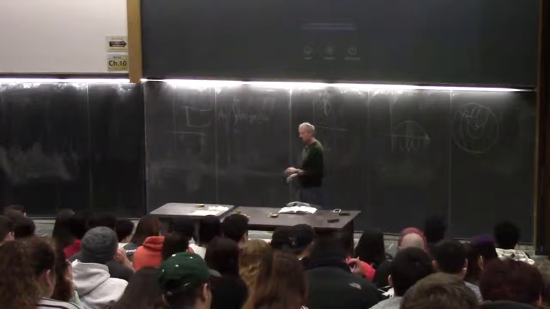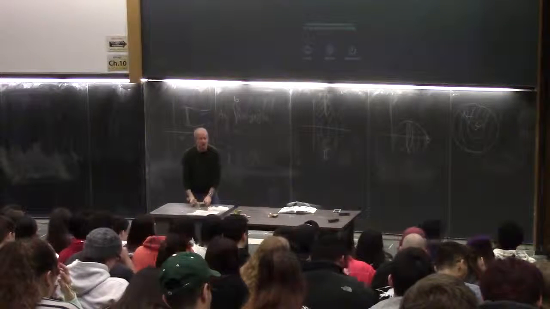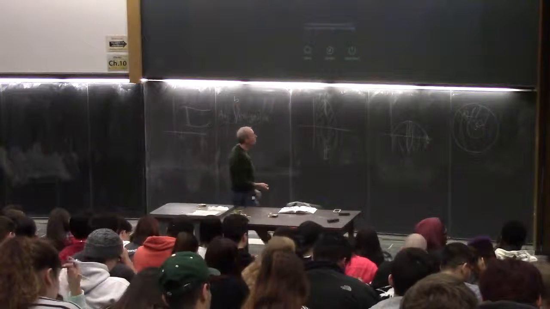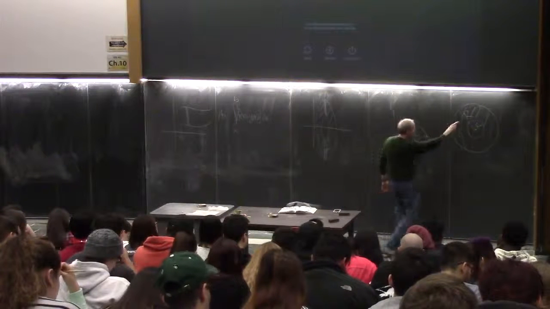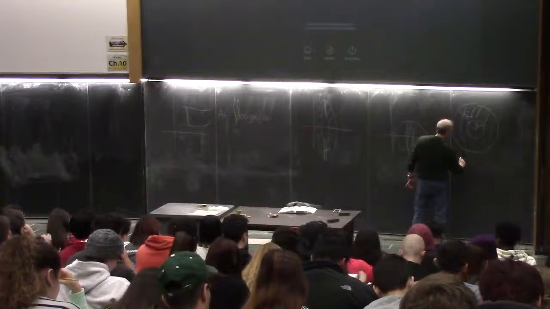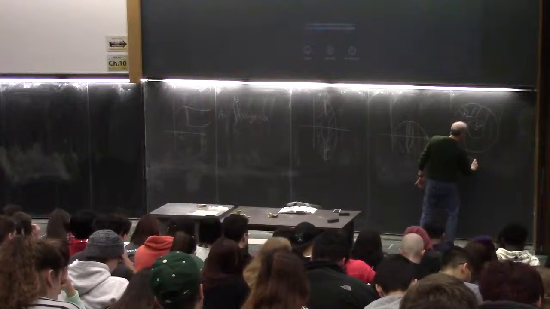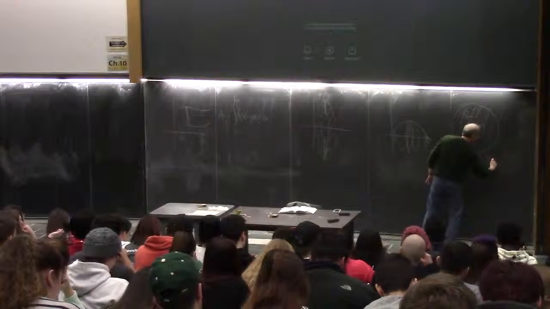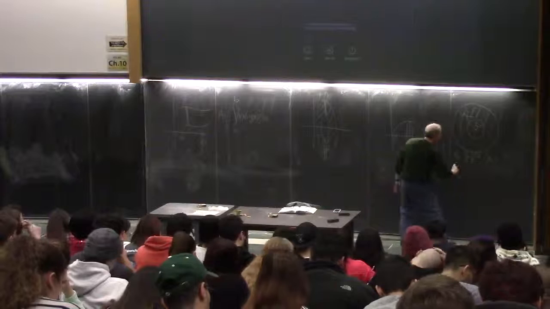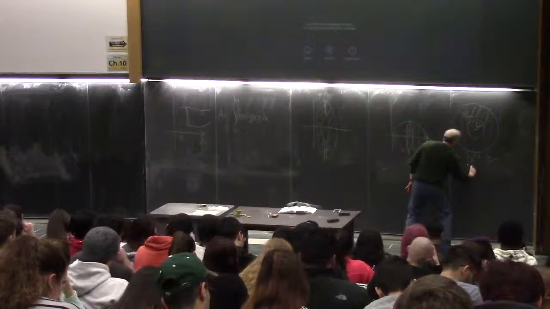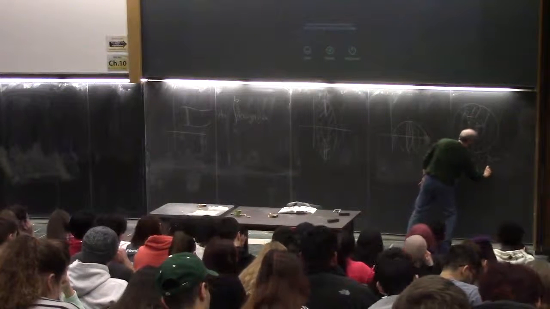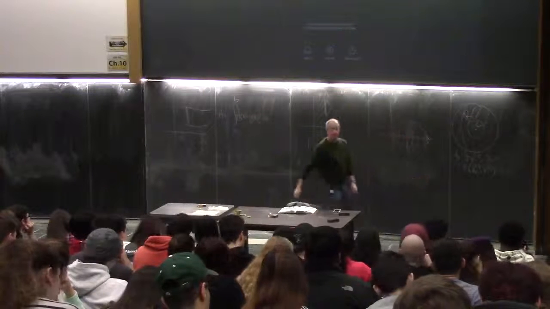If you call the little radius little r, and the big radius big R, then the area of this is pi big R squared minus pi little r squared, or if you factor out the pi, pi times R squared minus r squared.